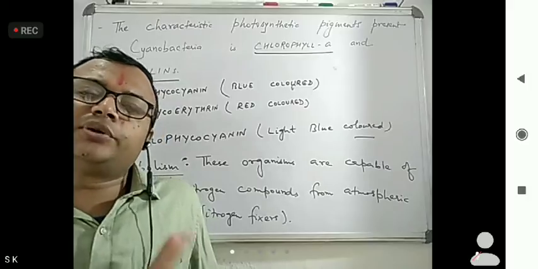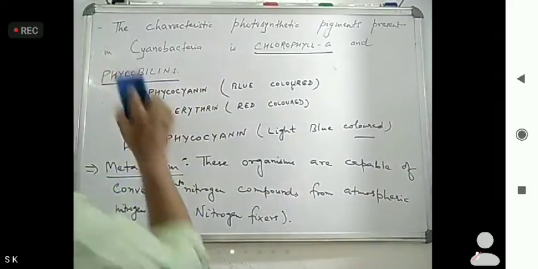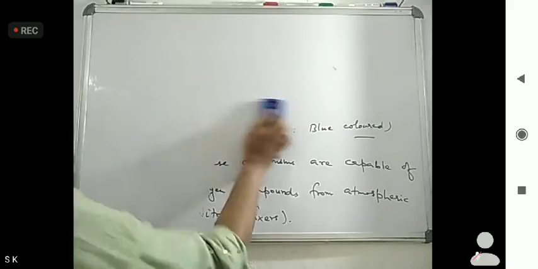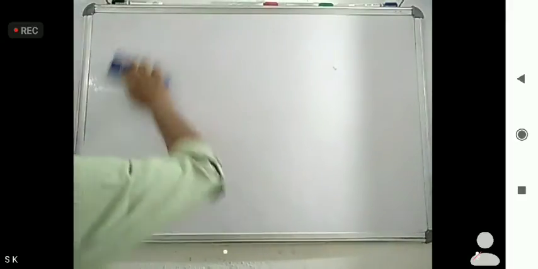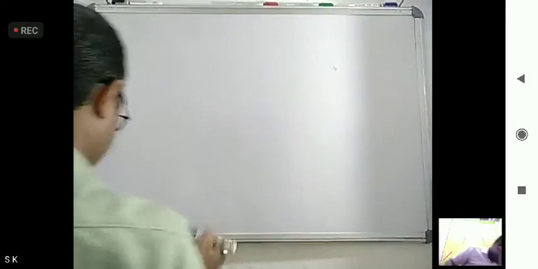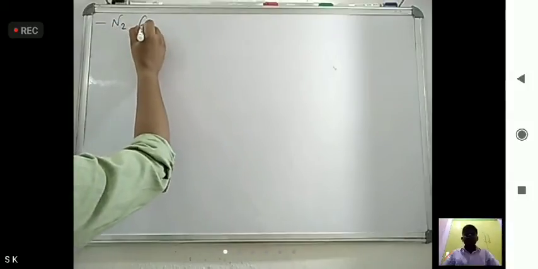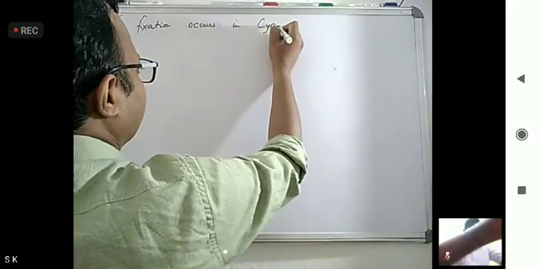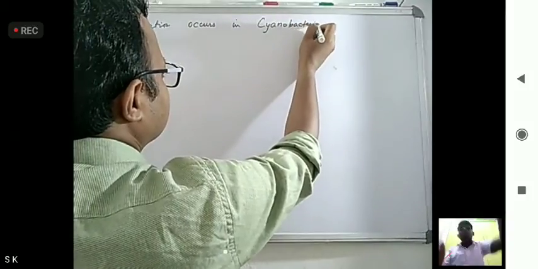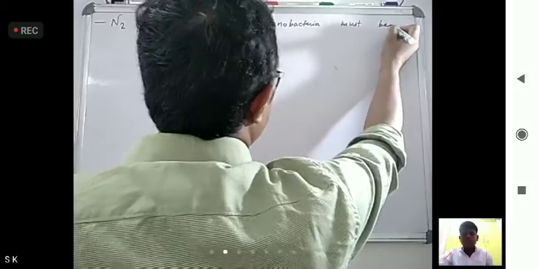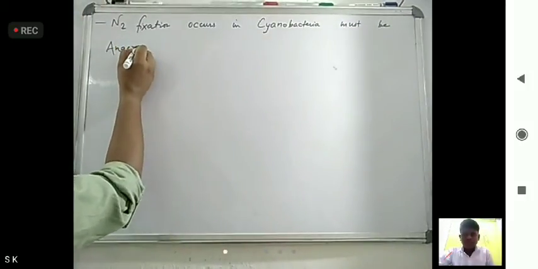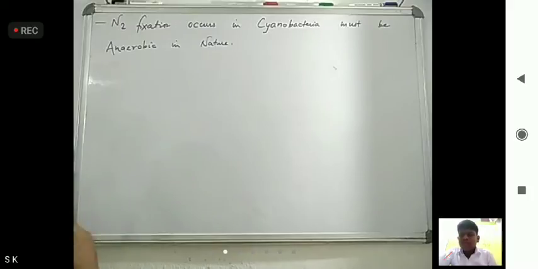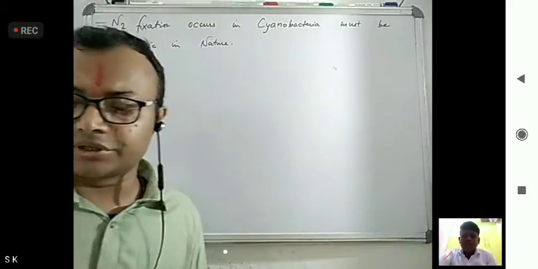If oxygen is present, nitrogen fixation will not occur. So this nitrogen fixation in cyanobacteria must be anaerobic in nature, meaning if oxygen is present, this nitrogen fixation will not occur.